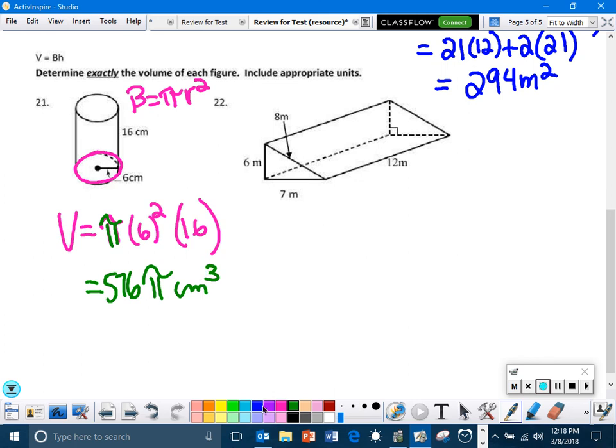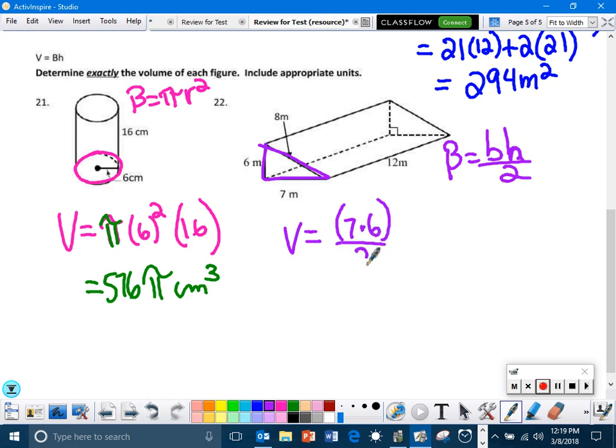And finally, again, we've got the triangular prism here. The base area, remember, it's a triangle. So it's base times height divided by 2. So the volume is going to be the base, which is 7, times the height, which is 6, divided by 2, times the height of the prism, which is 12.